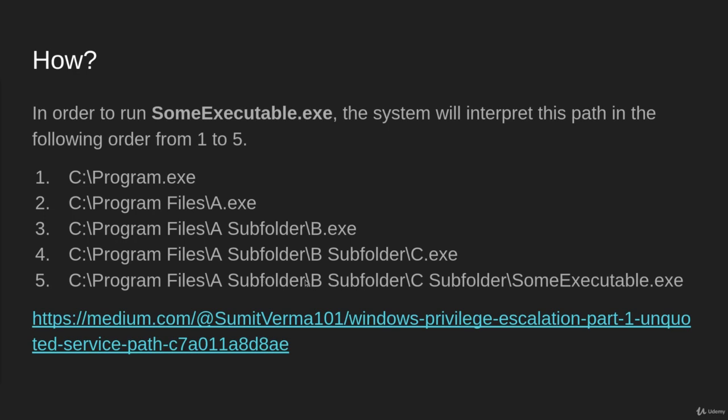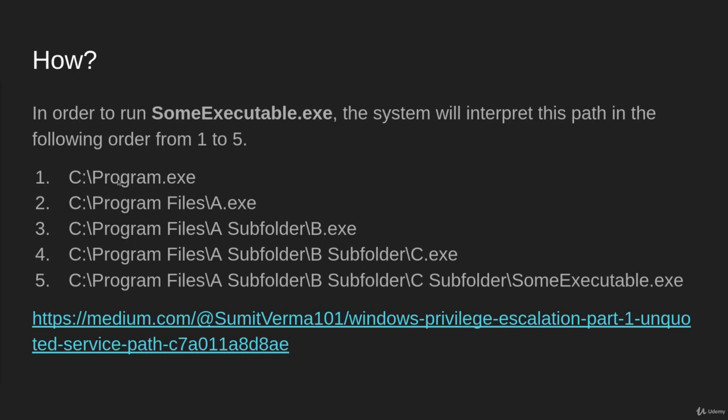You see those subfolders have spaces, and it's not enclosed within quotes. That's when it becomes an unquoted service path, and it could lead a user to gain system privilege in any Windows server or Windows. It could even be Windows 7, Windows 10, any Windows OS, basically.